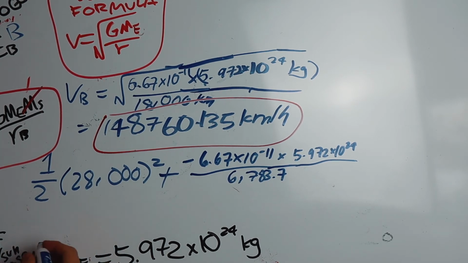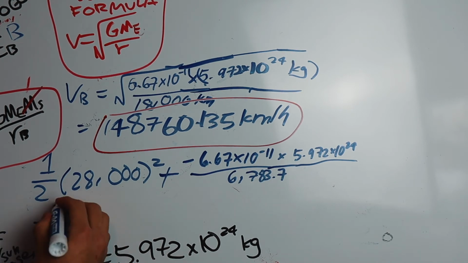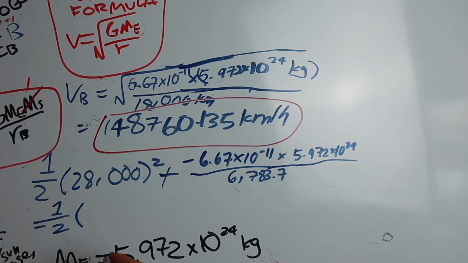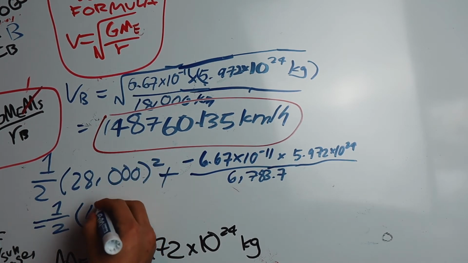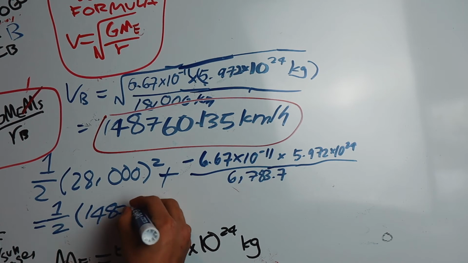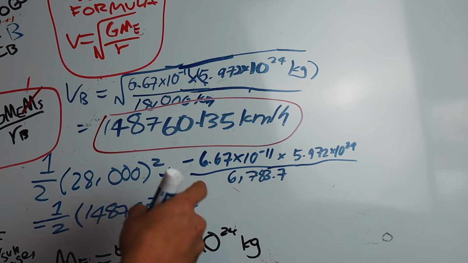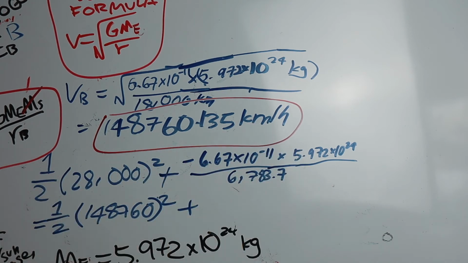And then this whole thing has to equal, because the whole thing has to be the same as 1 over 2 VB squared. So VB is about 1,048,760, we're going to round it for convenience sake, plus, so we're going to check if the energy at the lowest point and the highest point are the same.